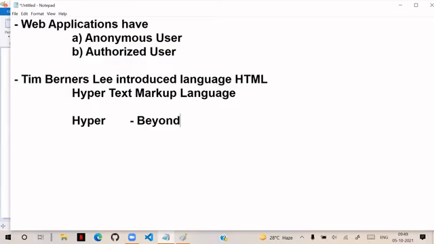So what is the meaning of hypertext? The word hyper means beyond. It's a Greek term. So generally people say in English, hyperactive. Hyperactive means what? Beyond active. That means more than active.